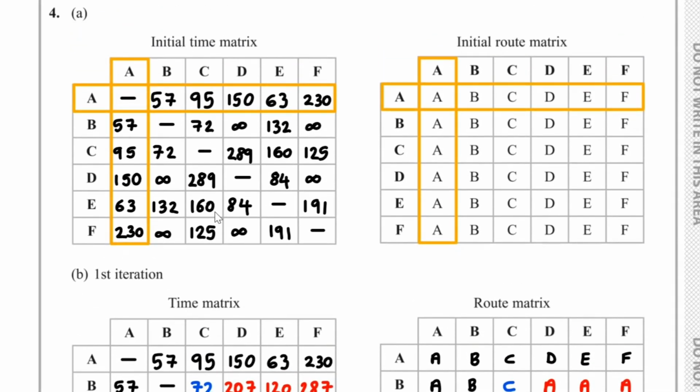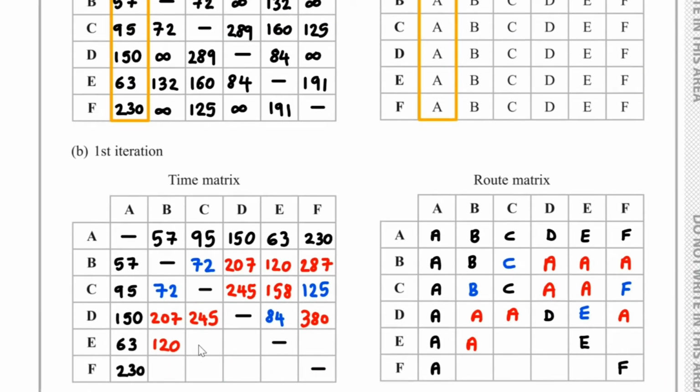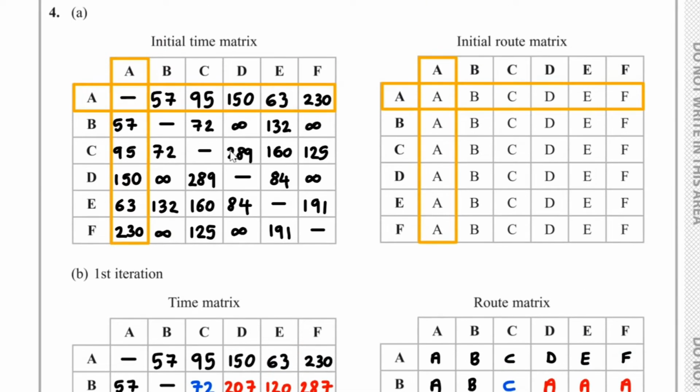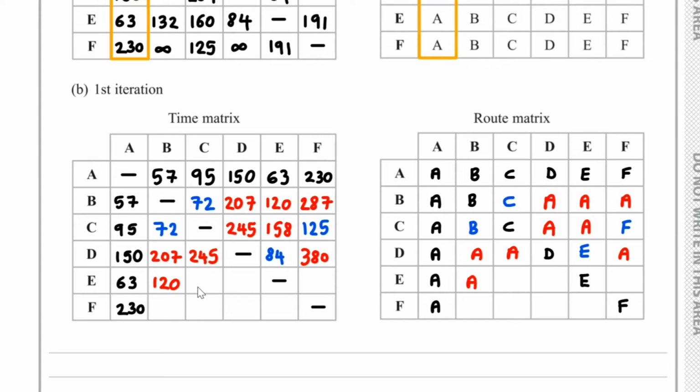Now we compare the 160 to the sum of 63 and 95. 63 plus 95 is less than 160, so the element here changes to 63 plus 95, which is 158.